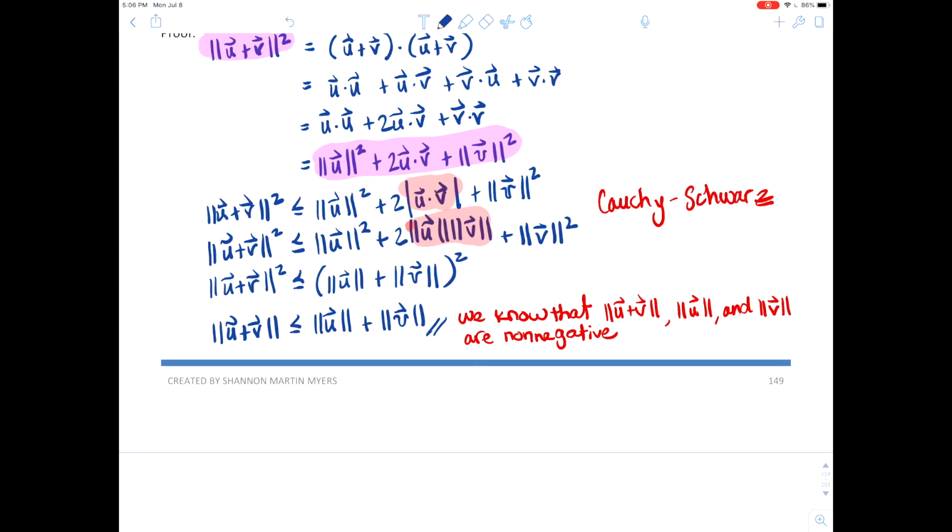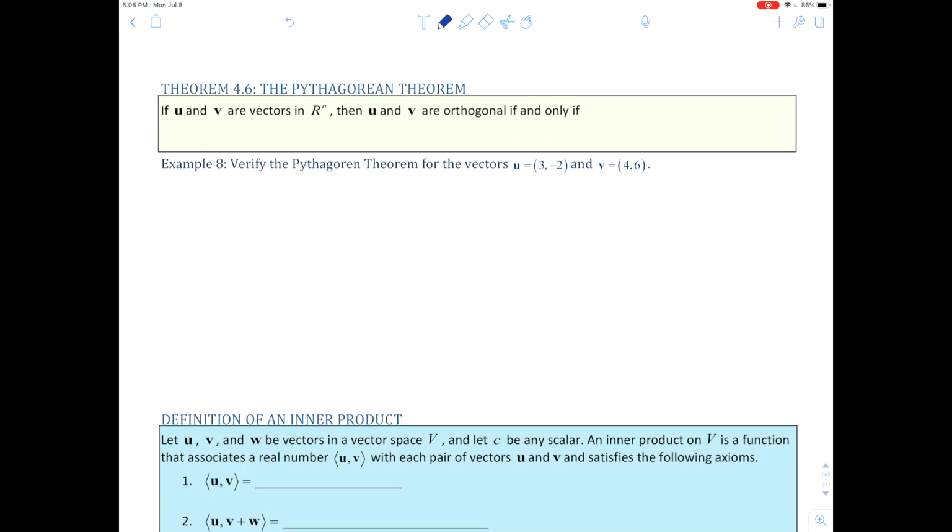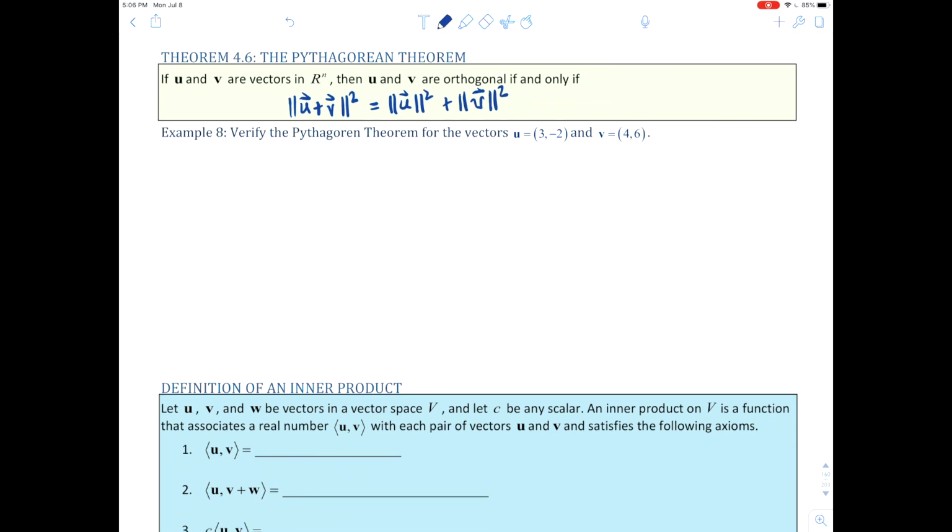Cool, cool? All right. So our next theorem is the Pythagorean theorem. If u and v are vectors in Rn, then u and v are orthogonal if and only if the magnitude of u plus v squared equals the magnitude of u squared plus the magnitude of v squared. Cool, cool? So that's a new way of finding out if something is orthogonal.